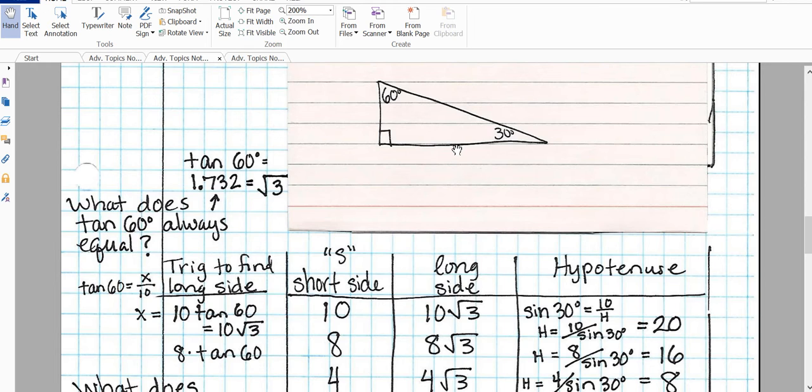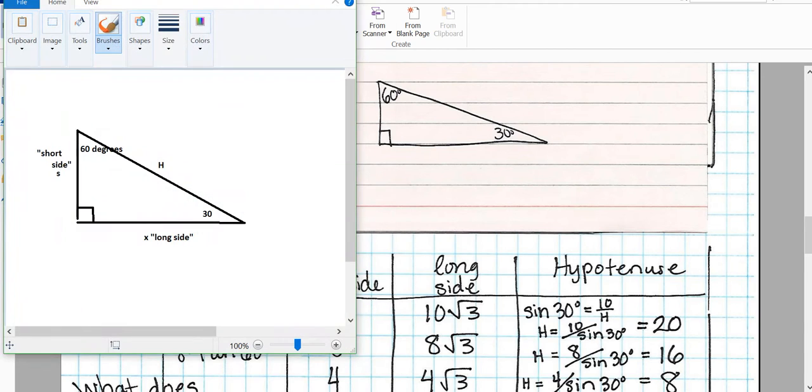Okay, so let's say that our shortest side was 10 units long. And so I set that in the table, and I figured out what the long side would equal, and I figured out what the hypotenuse would equal. And you can see it's a little bit of a cluster of work there because we have to go through all the steps of using the trig. And let's just look at that example, kind of draw it out.